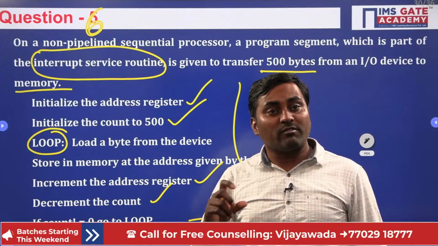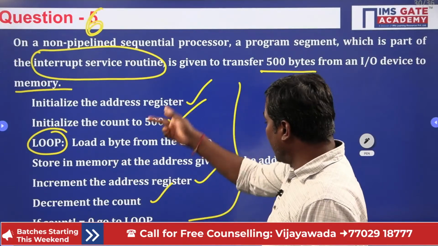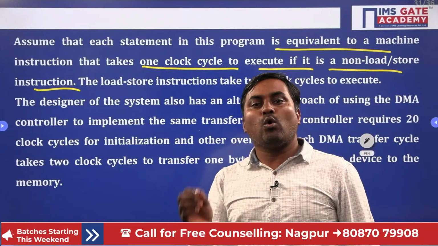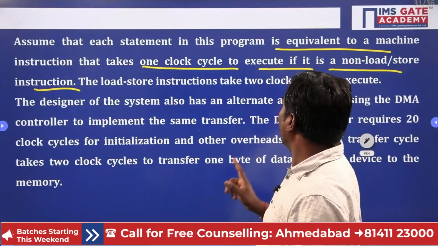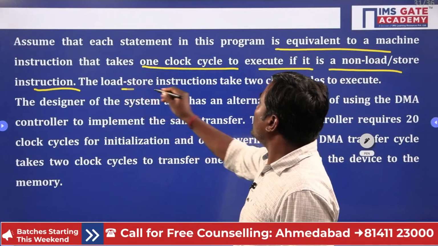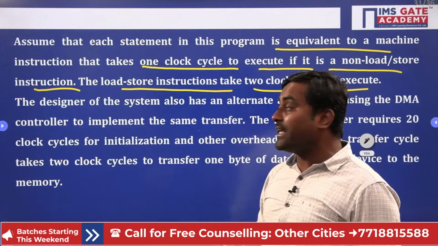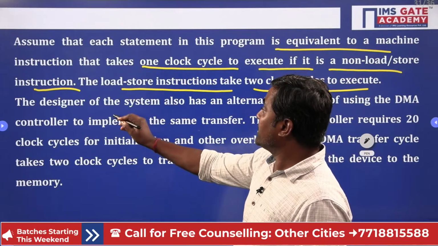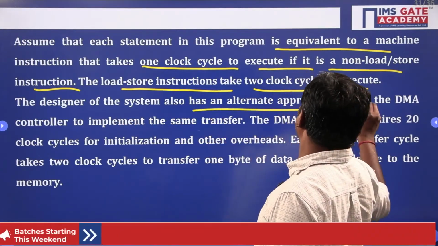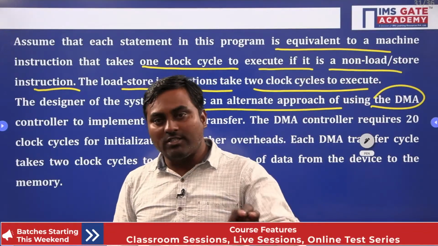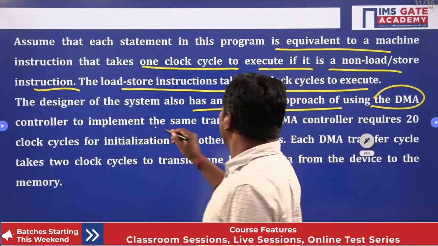The non-load store instructions take 1 clock cycle, and the load store instructions take 2 clock cycles to execute. The designer of the system also has an alternate approach: a DMA controller to implement the same transfer.